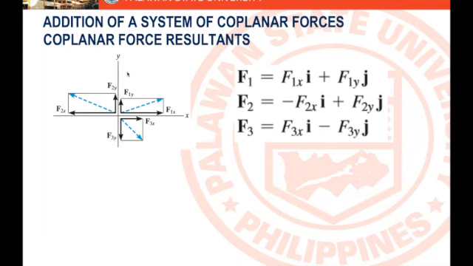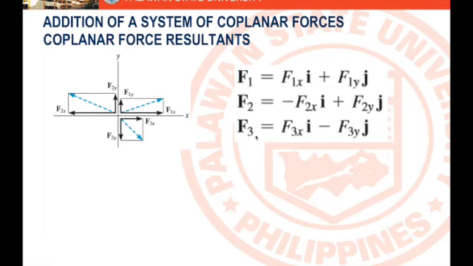But what I want you to understand is that you need to be consistent with your sign convention. In this case, we decided that x going to the right is positive, y going up is positive, and the opposite for the negative direction.